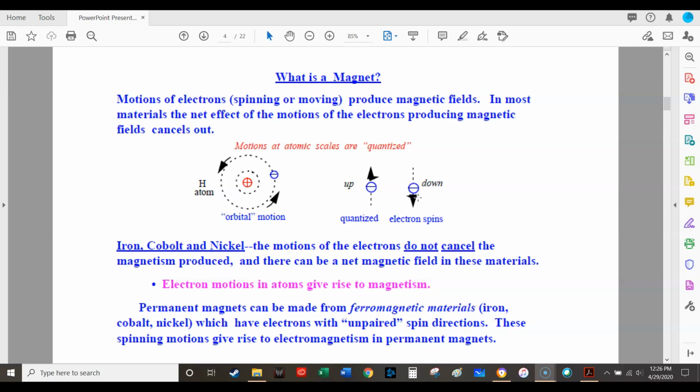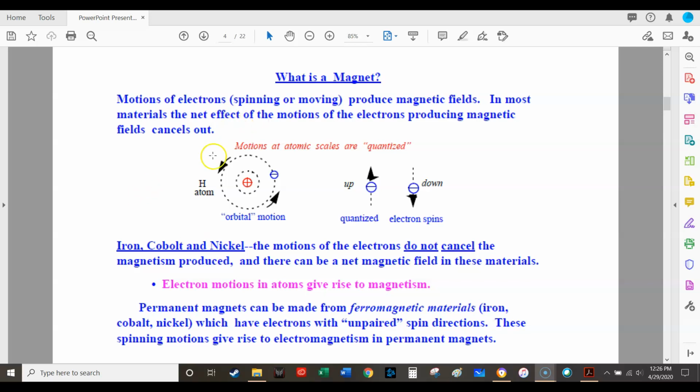And so what you need is atoms that have a lot of unpaired electrons, okay? Where instead of having two electrons bound together, you have just one electron, right? So an abundance of these unpaired electrons is what causes these magnetic fields, right?